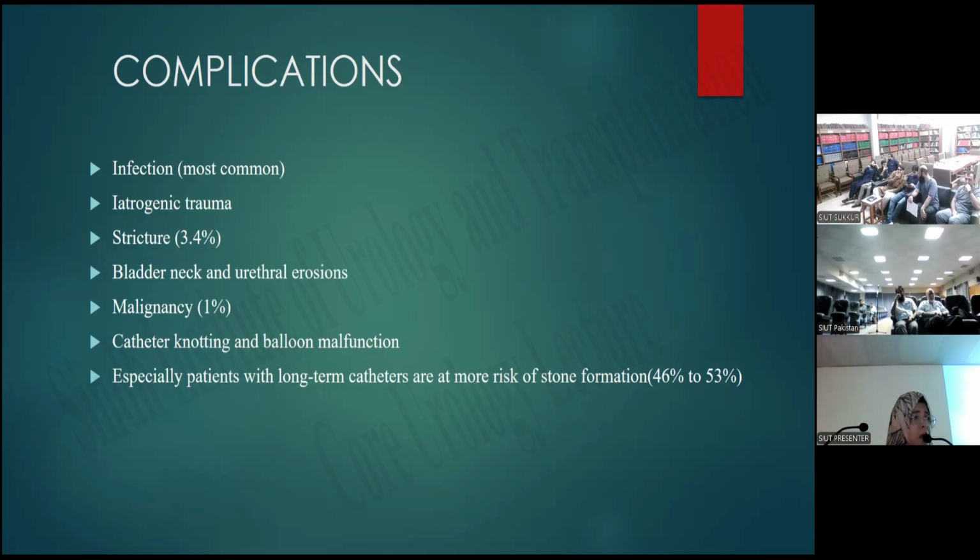Under ultrasound guidance using an LP needle, the balloon can be burst, and by cystoscopy as well, in case of catheter knotting, cutting the tip of the catheter. One of the other complications in patients with long-term catheters is stone formation, which is reported in 46 to 53% of the cases.